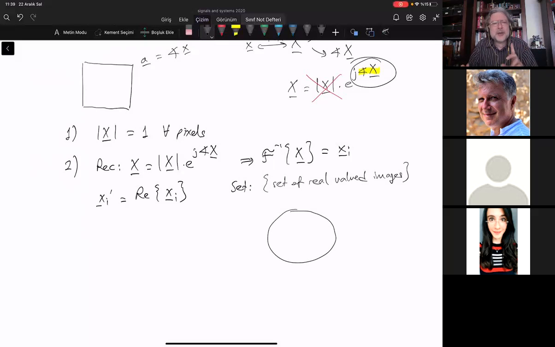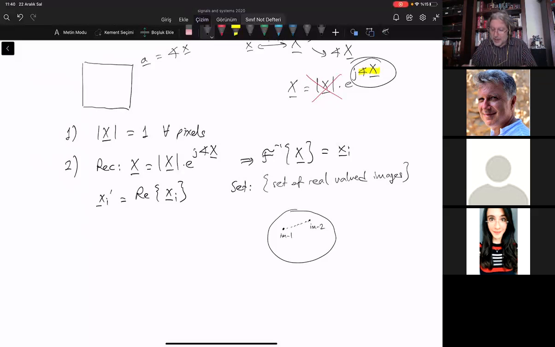Is it convex? Is the first question that you must answer. So inside the set of real valued images, if you have a real valued image here, image 1, let's say, and if you have another real valued image, image 2 here, if you take their average images, some from image 1, some from image 2, and make a blend of those real valued images by lambda and 1 minus lambda, will the blended image be real valued or not?